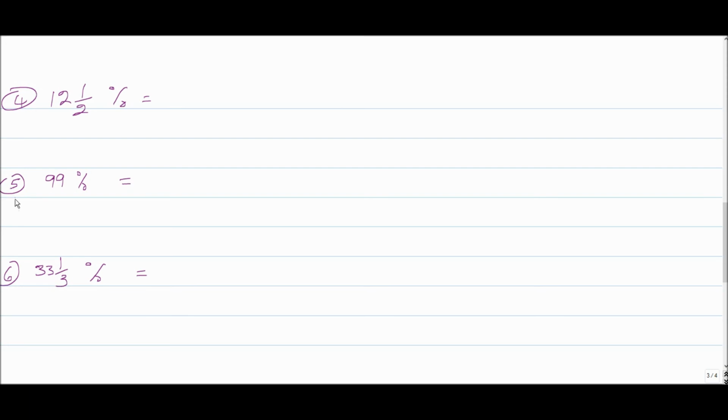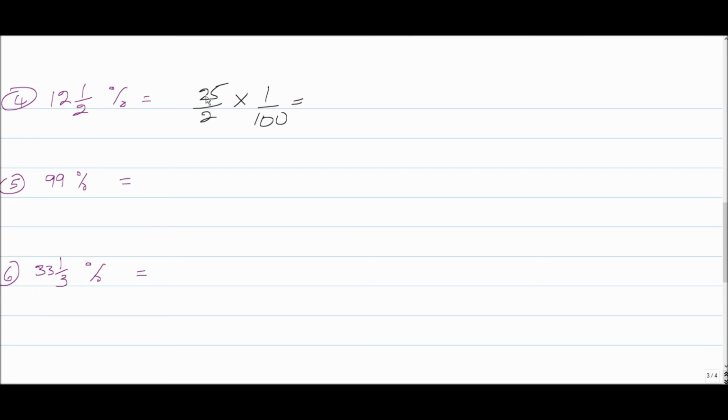Now for items 4, 5, and 6, we have 12.5%. We would change our mixed number here, and we would say 2 times 12 would give us what? 24, and 1, 25 over 2, and we do what? Multiply by 1 over 100.